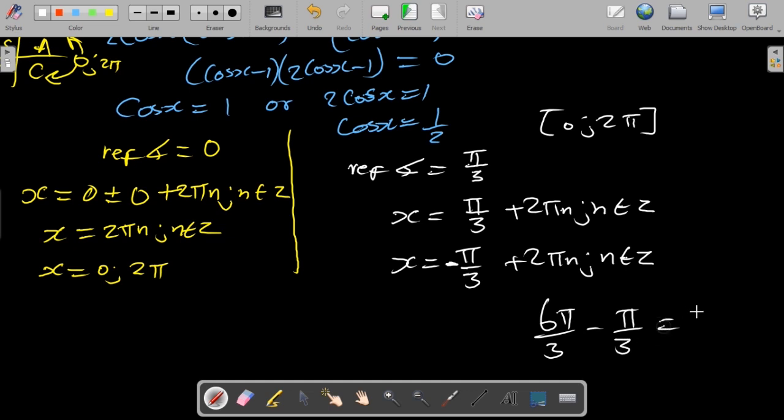If you simplify that, you're going to have 5 pi over 3. So that is one of your solutions which falls between 0 and 2 pi.